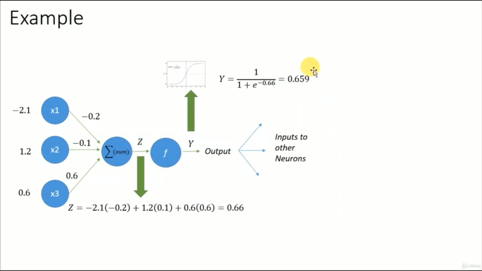In this case, we get 0.659. So this is the output, and this output tells whether this neuron should be fired or not. In this case, it seems like it has a high value, so definitely this neuron might fire up. I'm just giving you an example.